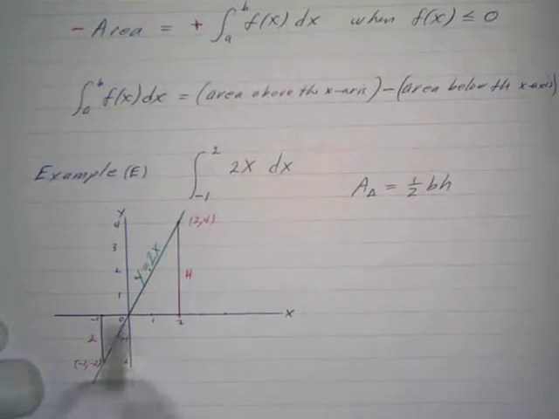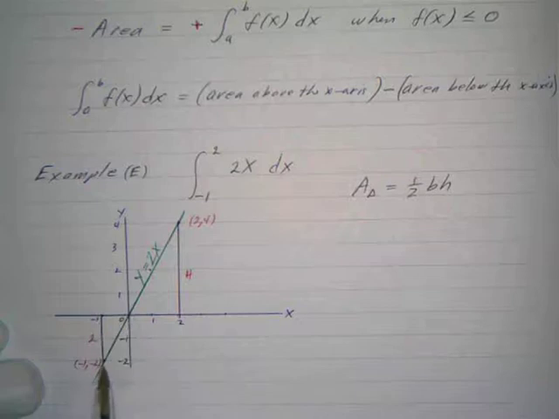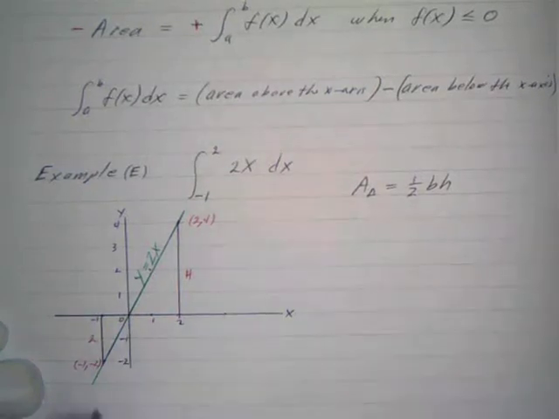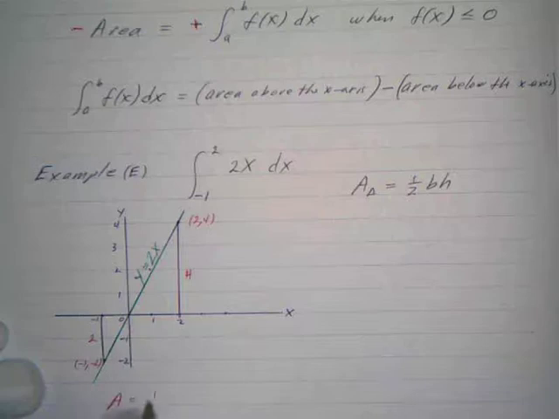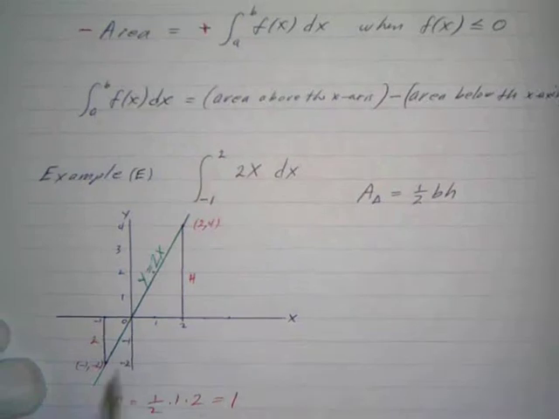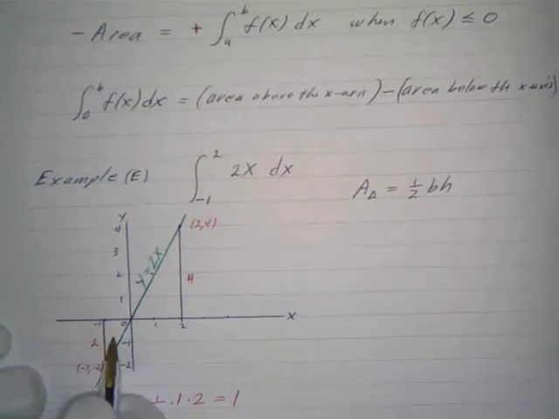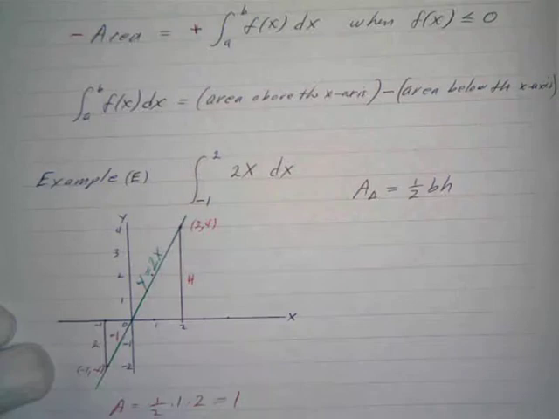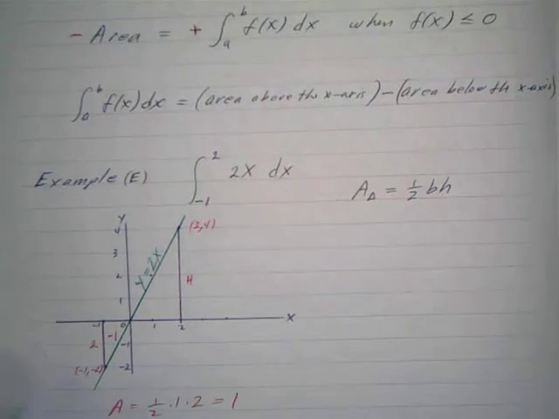So area of that triangle equals 1/2 times base 1 times height 2. So that's going to be 1. But since it's below the axis, it's going to be -1.